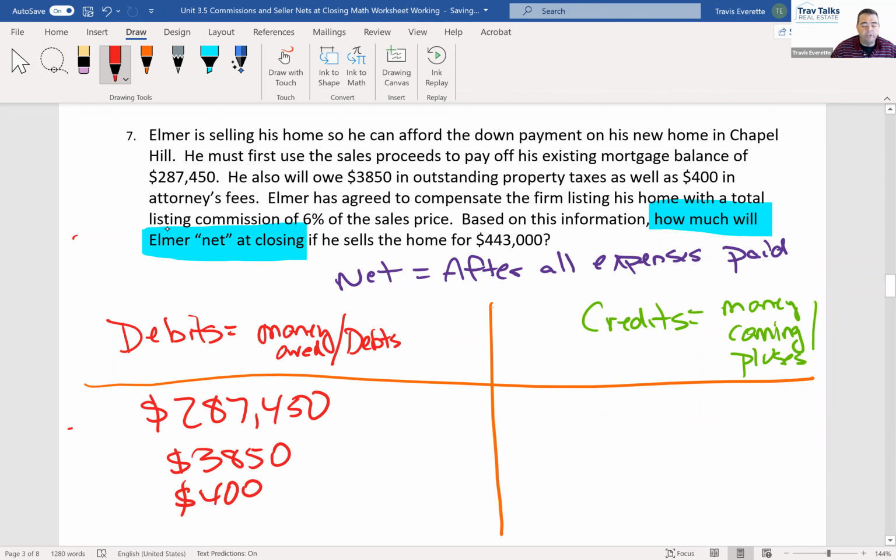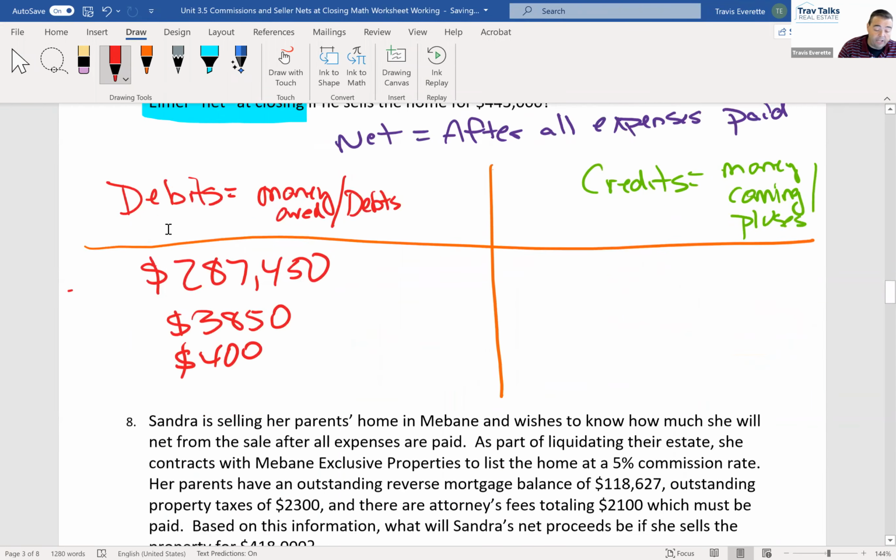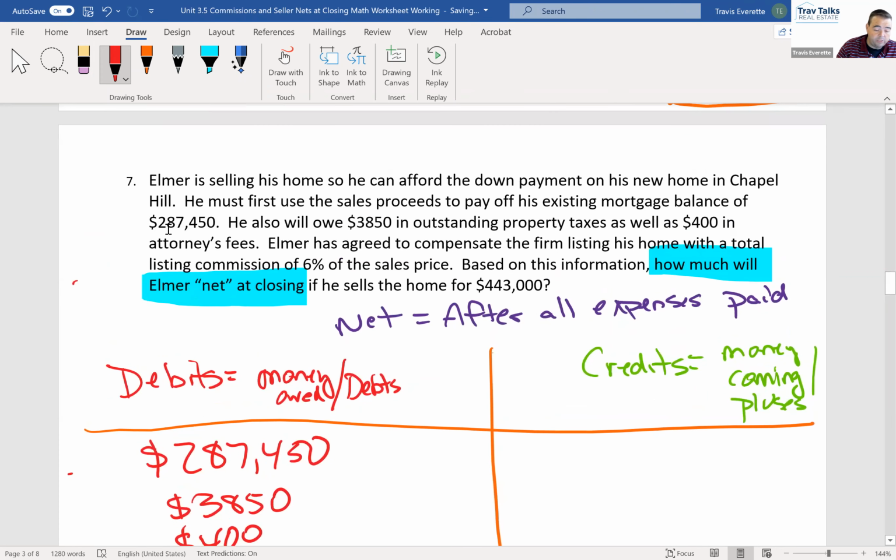It says Elmer has agreed to compensate the firm listing his home with a total listing commission of 6% of the sales price. So we got to do some math on that one, and I'm just going to do it up there at the top. Well, if the sales price is $443,000 times the 6%, let's see how much commission that is.